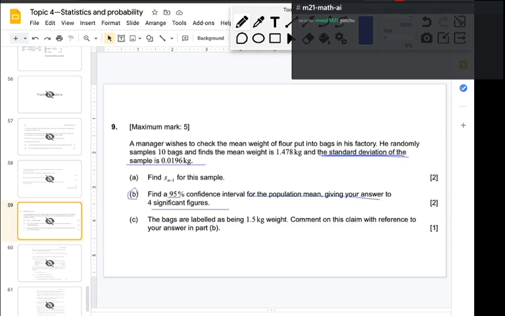I usually call this indirect hypothesis testing. If it turns out that this value is outside the confidence interval, the one given on your calculator, that means it's not a safe number to be considered as the mean weight of the flour.